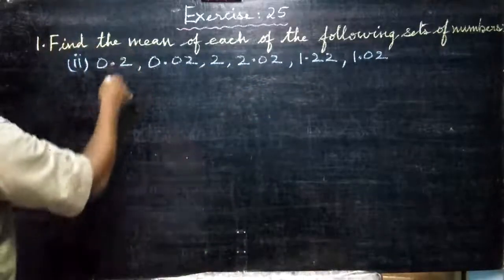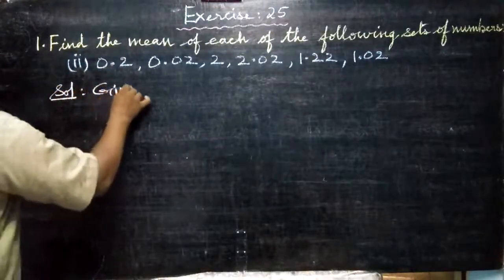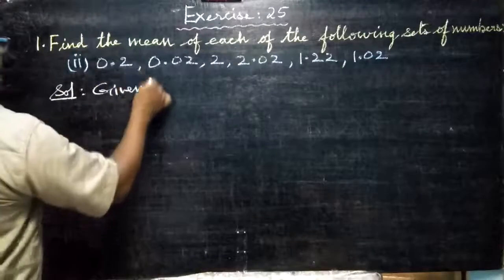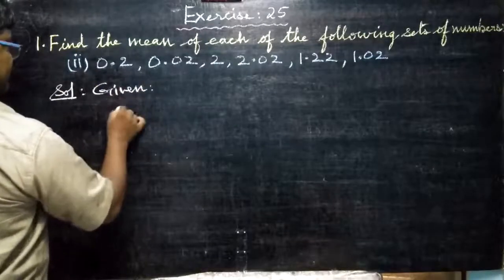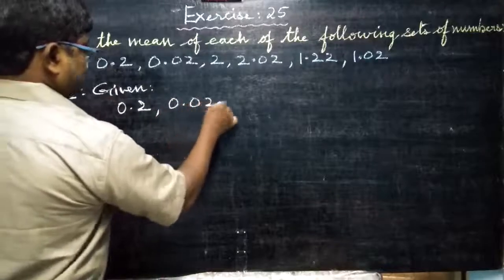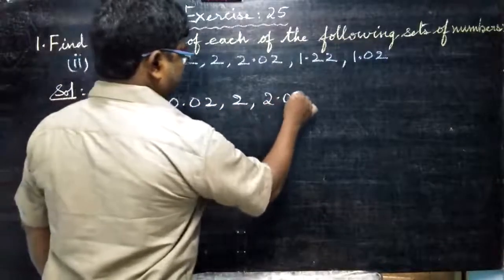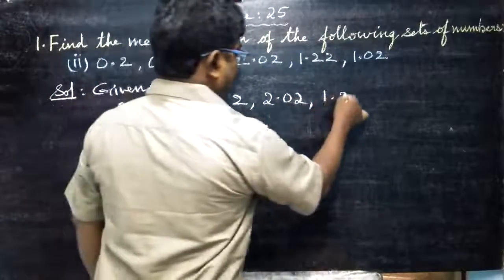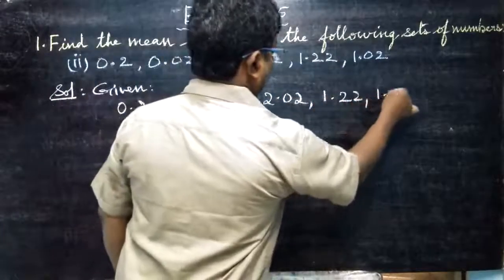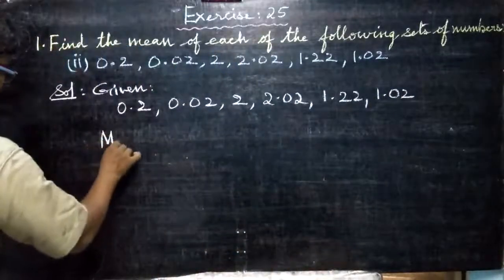They told us to find the mean. So solution: given observations are 0.2, 0.02, 2, 2.02, 1.22, 1.02. Now they are asking to find the mean.